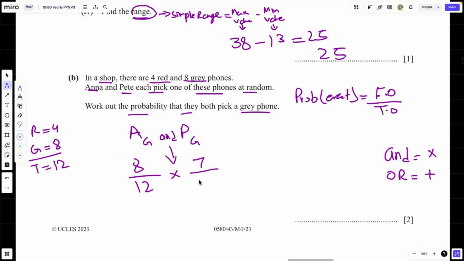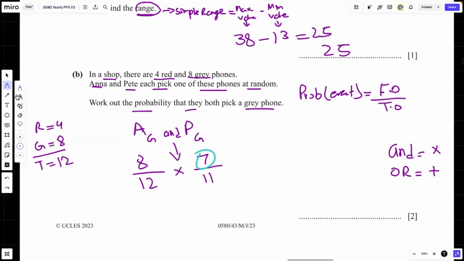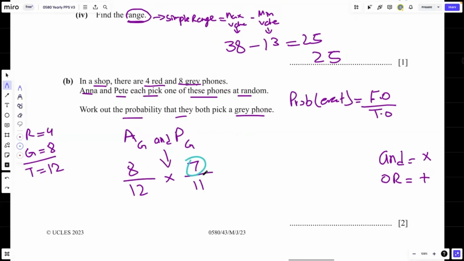So what's the probability of Pete choosing a gray? This time it's going to be 7 upon 11 and not 8 over 12, because the number of gray phones would have reduced in the shop after Anna has picked one. The total phones would have decreased as well, so there would be 11 phones left in total, of which 7 are gray and 4 are red. Because Anna chose a gray phone, the quantity of gray phones decreased.